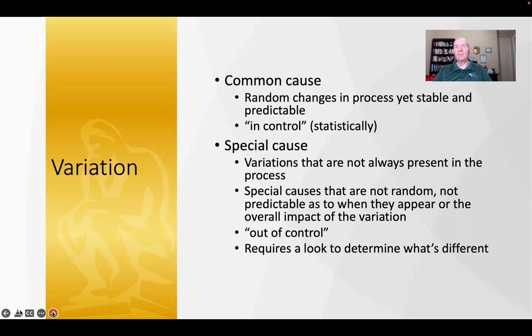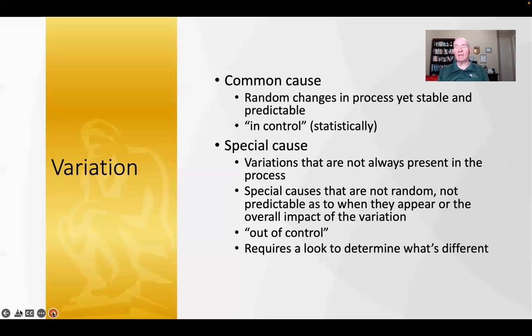So the idea would be to understand those common causes and to make sure that you know whether or not that particular aspect is really a root of your problem, and then you can identify and go into fixing it. A special cause may be just a one-time thing and therefore does not necessarily require some significant review.